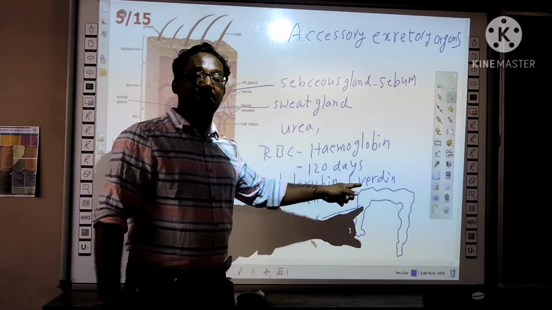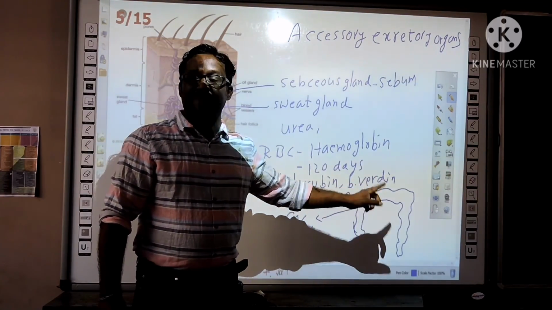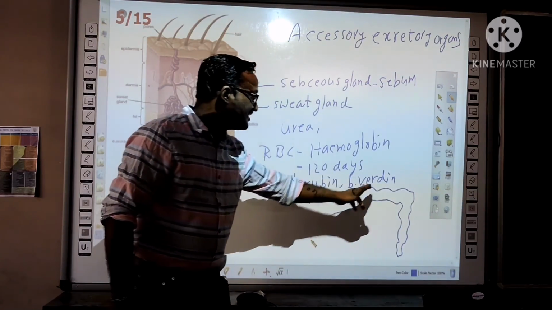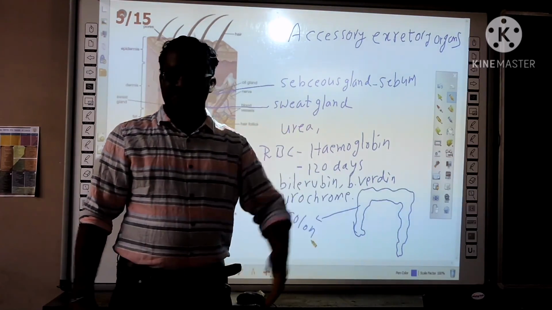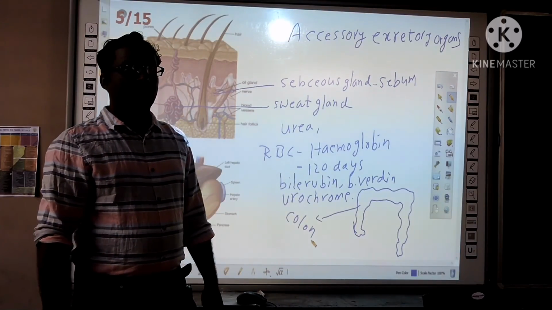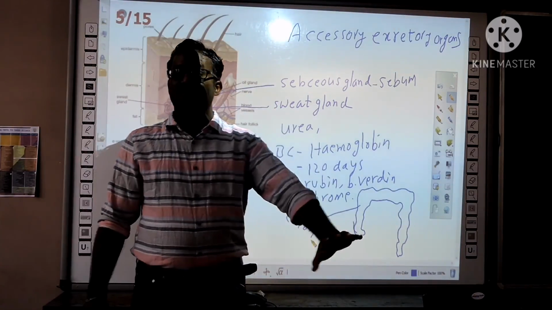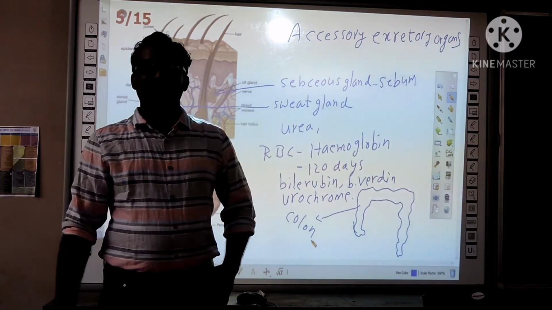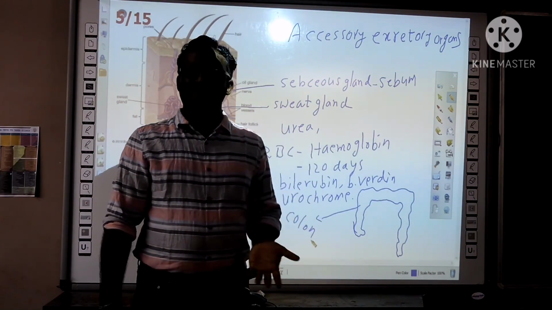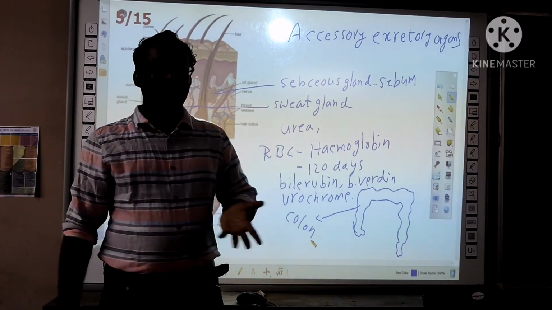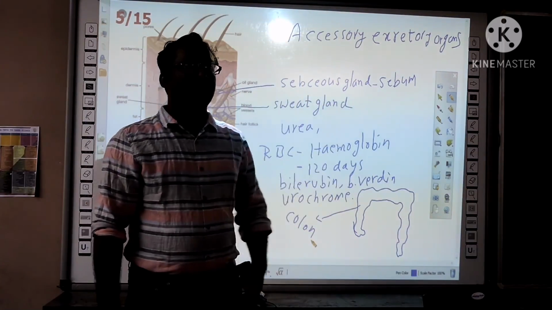Those epithelial cells remove excess salts like calcium, magnesium, and iron from the blood, and those salts are removed out through the feces. In such a process, these accessory organs are also involved in the removal of several nitrogenous wastes, salts, excess drugs, steroids, and oils like waxes from sebaceous glands.